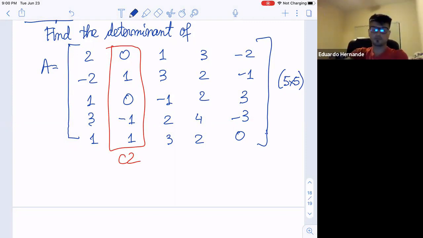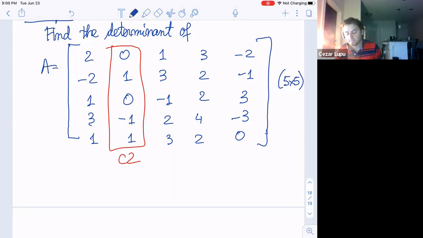Well, so what should I do? What do you think? You see, I have here a -1, I have 1, so I have a bunch of options. So I can create some additional zeros, right? So how can I do that? Well, I can add the second row to the fourth row, correct?